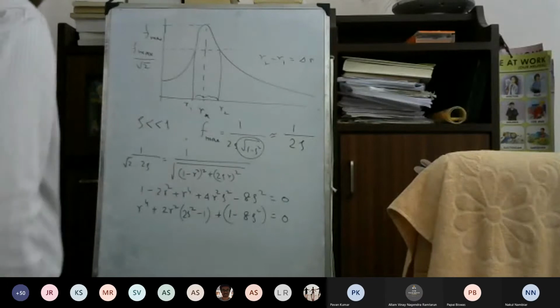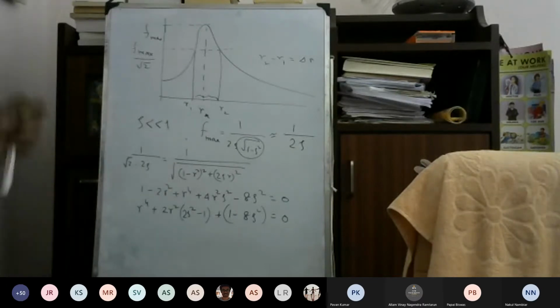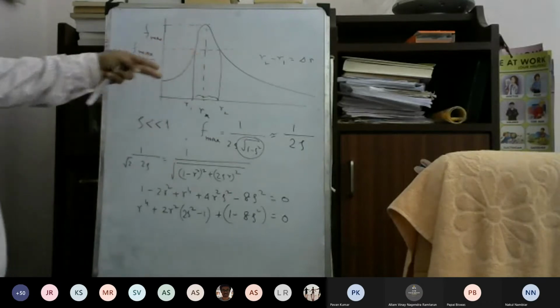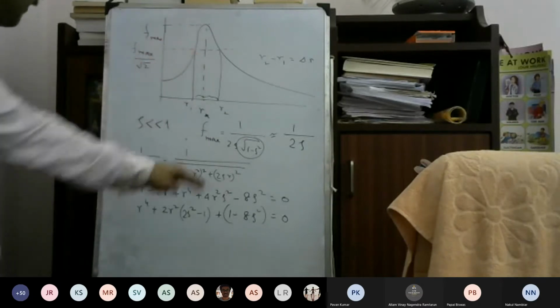Now it becomes 1, so f max is going down by root 2, so that is what we are getting.